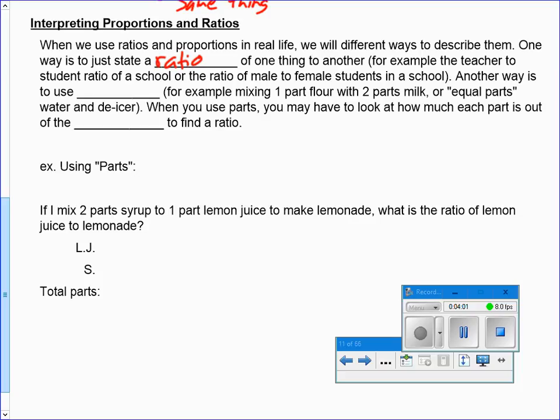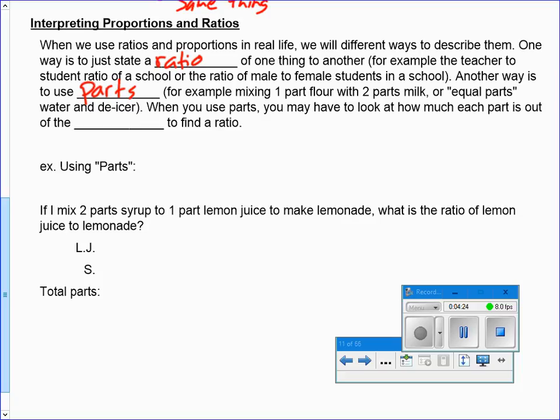Another way you can do that, instead of saying the ratio of one thing to another, you can talk about parts out of the whole. Right, if you do any cooking or baking, you hear this term used a lot, using parts instead of ratio. So, for example, mixing 1 part flour, 2 parts milk, or equal parts of water and de-icer, or whatever it is.